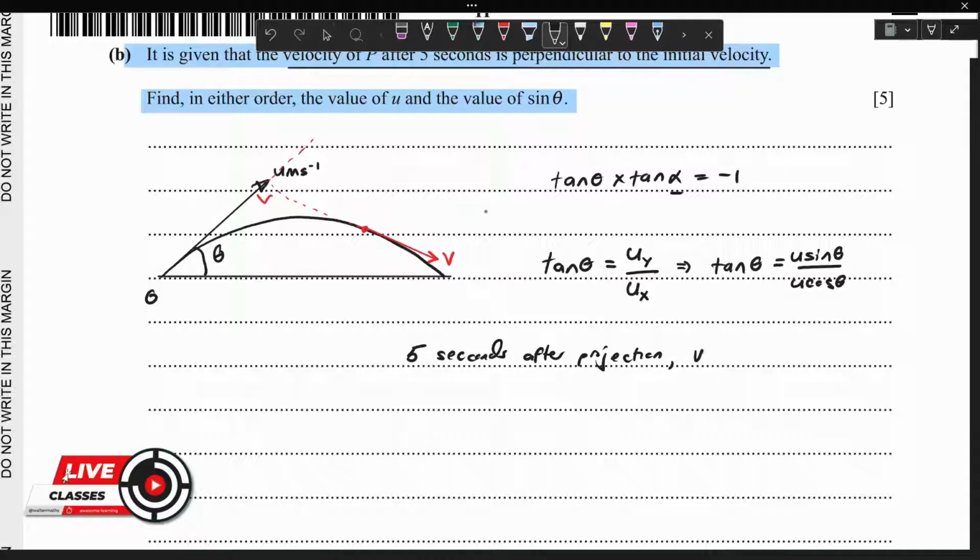the speed of the particle, let's start with the horizontal component. Yes, Vx will still be u cos theta because the horizontal component of speed does not change throughout the motion, because there's no acceleration horizontal-wise. So it's still u cos theta. Vy will be equal to u sine theta minus gt, which is minus 50.